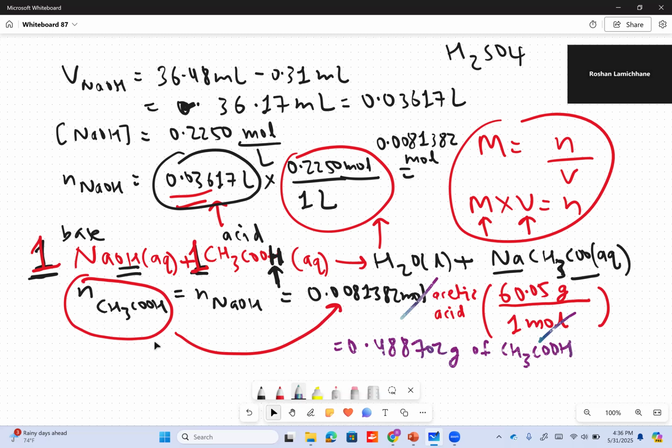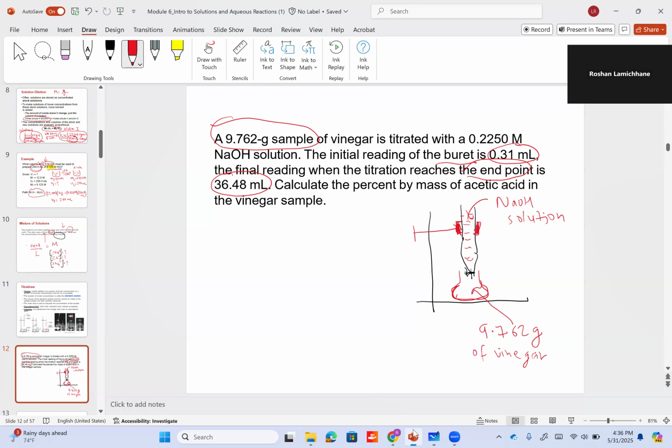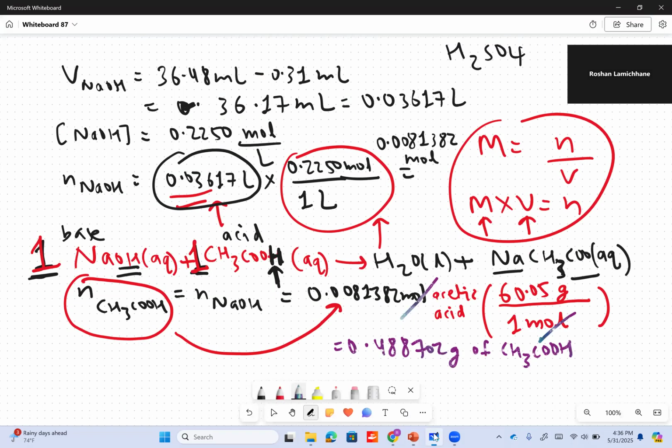Am I done? No, because my question is asking me for the percent by mass of acetic acid in the vinegar sample. I just figured out the mass of acetic acid in the 9.762 gram sample. So all I do is take that number, divide that by 9.762, times that by 100, and that will give me my final mass percent.